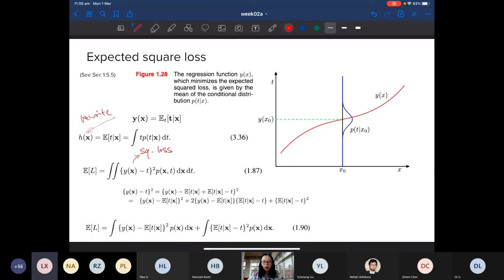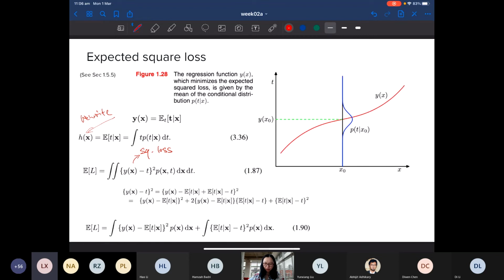And given that we said y of x is the conditional expectation of t given x, we essentially just plug it into this expression. What we did here is a common trick, again in machine learning.